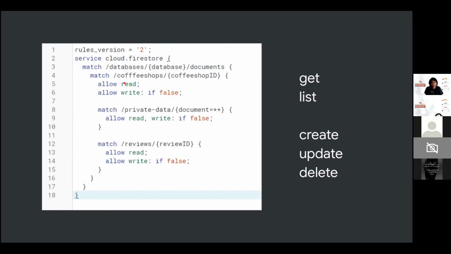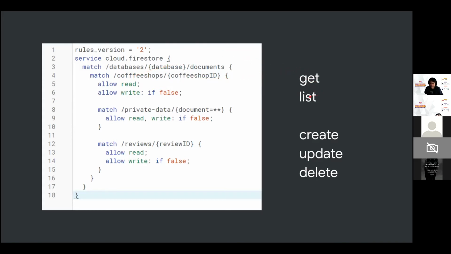There are 5 operations that we can write security rules for: get, list, create, update, delete. So like basic CRUD operations. Get is for getting one document. List is when we want to query multiple documents. Create, update, delete are self-descriptive.